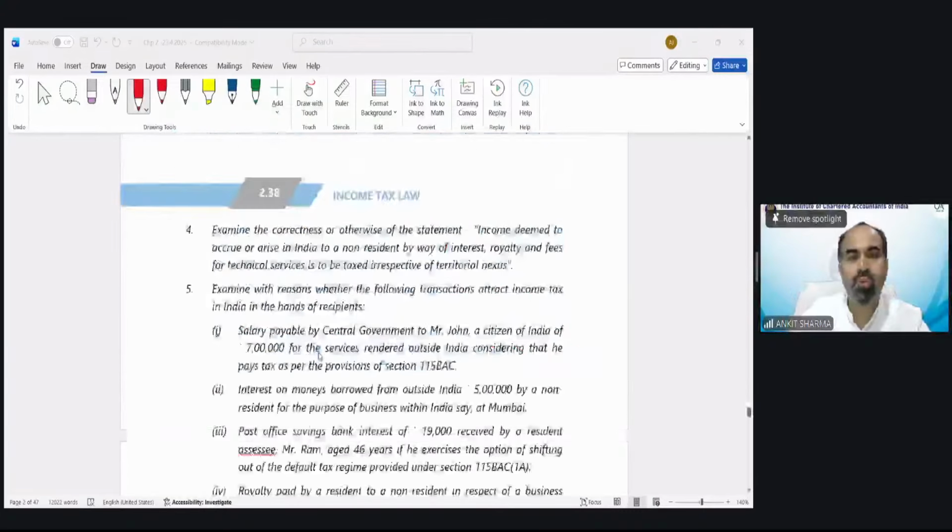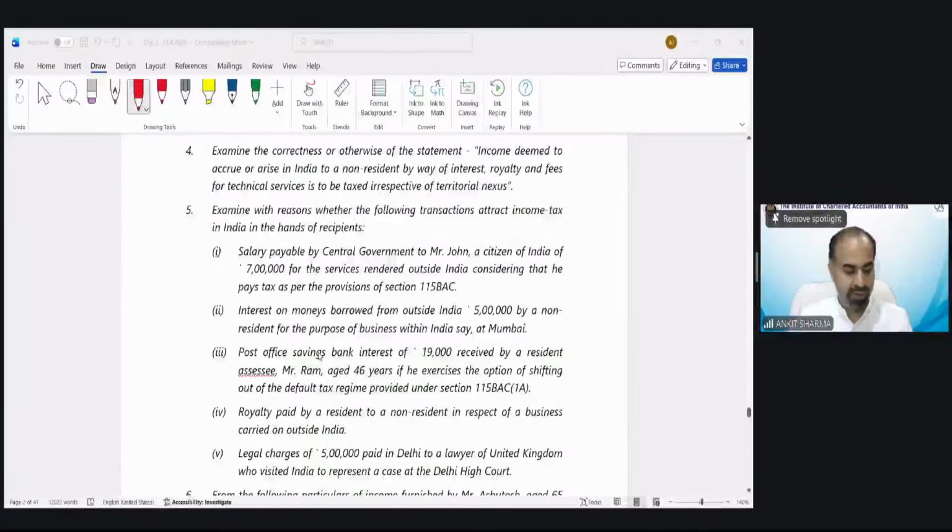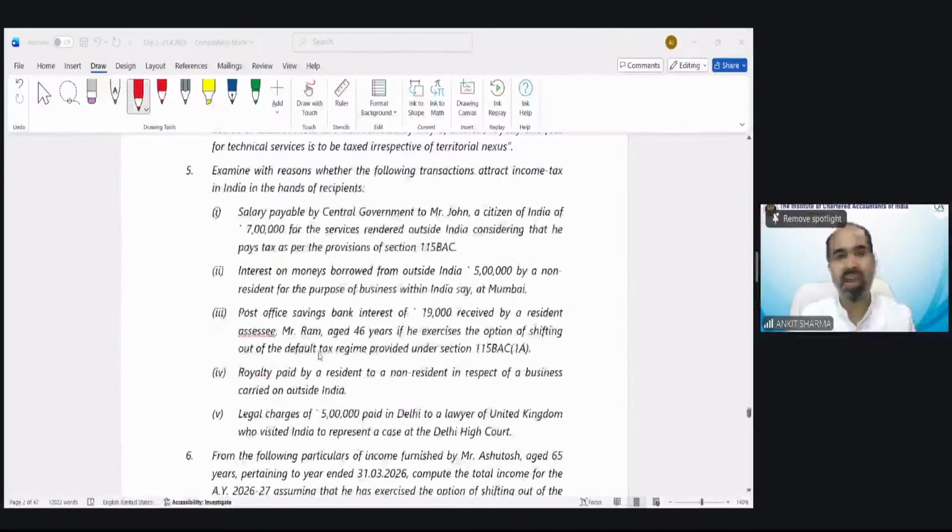Moving on, question number 4 is theoretical. You can solve it yourself. Now question number 5: examine with reason whether the following transaction attracts income tax in India in the hands of the recipient or not.